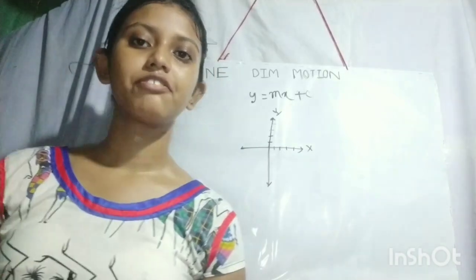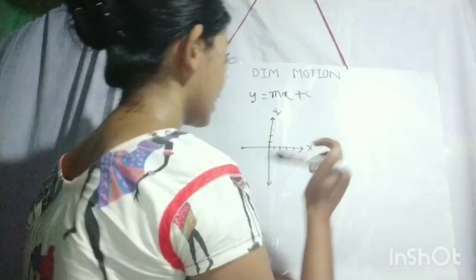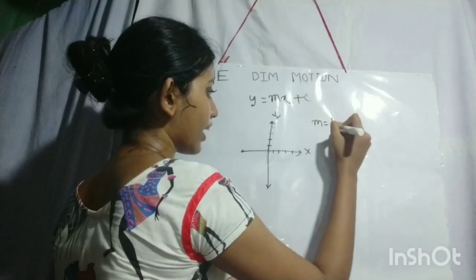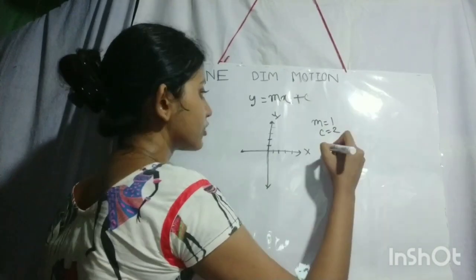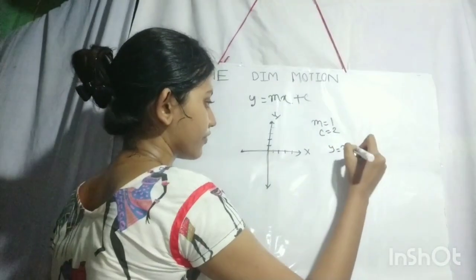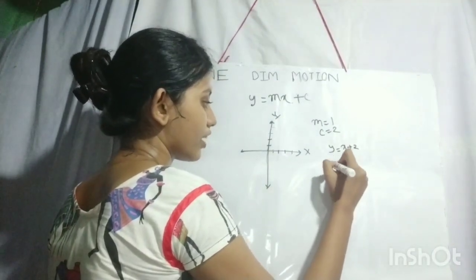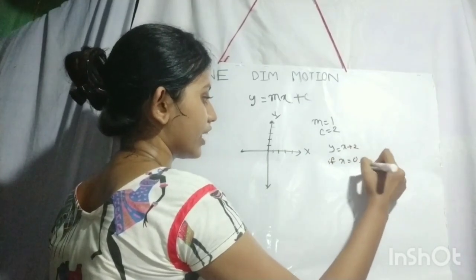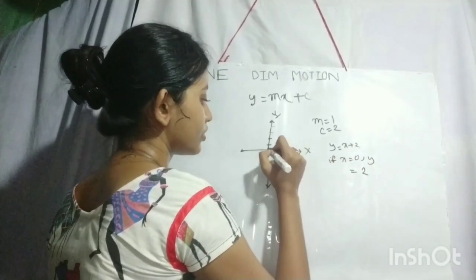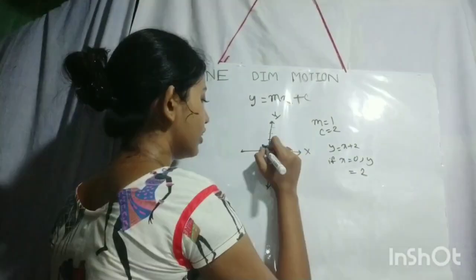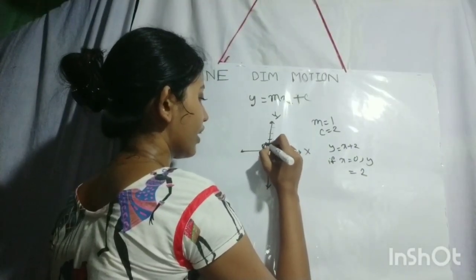So the second graph, y equals mx plus c. Let here m equals 1, okay, and c equals 2. They are constants, so I have y equals x plus 2. If x equals 0, y equals 2. So at the first point I have 0, 2. Okay.